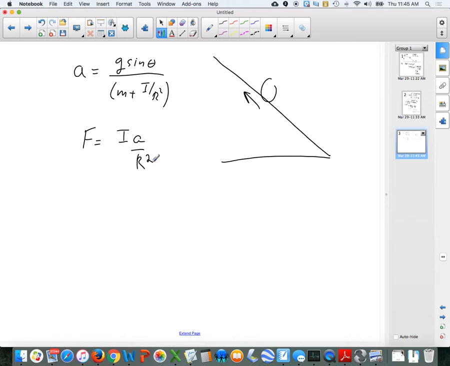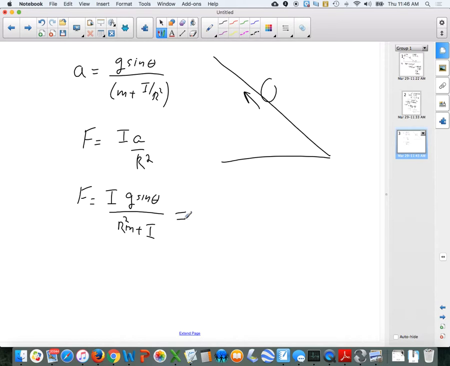So if I plug this back into here, I get force of friction is I g sine theta over r squared m plus I, correct? And what is the force of friction defined to be?